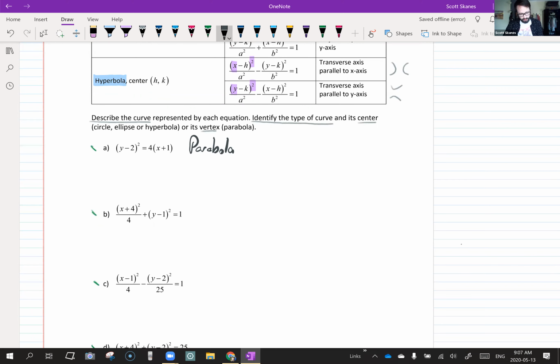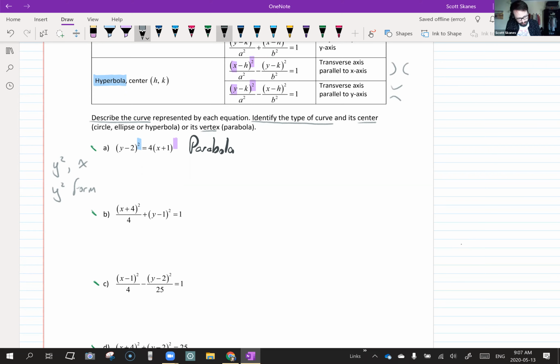It's a parabola because we see a y squared and we don't see an x squared there. So I'll make a little note of that. You see y squared, and then there's x linear. That means it has to be a parabola, and that's going to be y squared form. So we already know that it's either going to open to the right or open to the left.